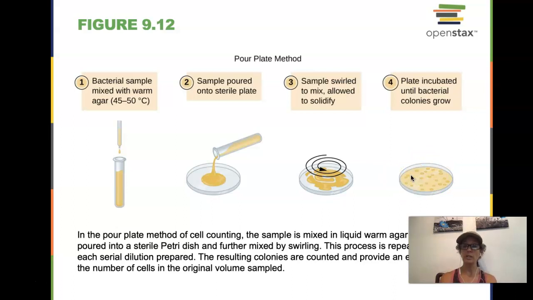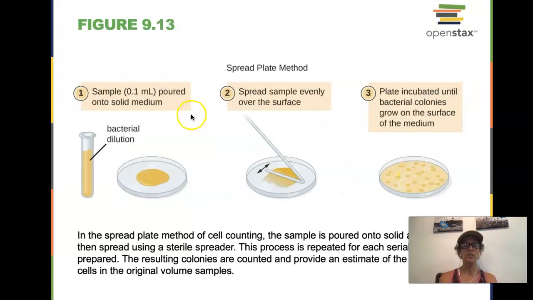The other way, which we would more likely do, is to have the bacterial dilution and spread a little bit of it onto the agar surface, and then we get the colonies on the surface. Count the colonies, multiply it by how much we diluted it, and that would tell us how many cells per milliliter of solution we originally had.